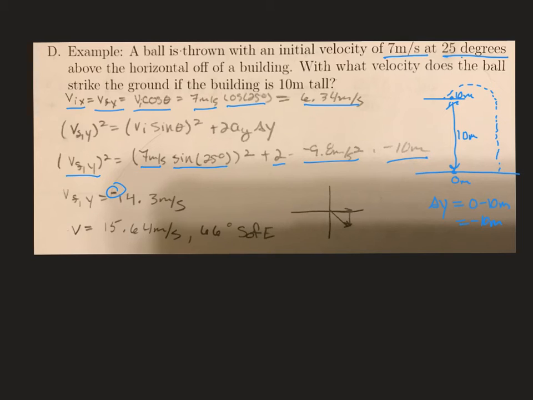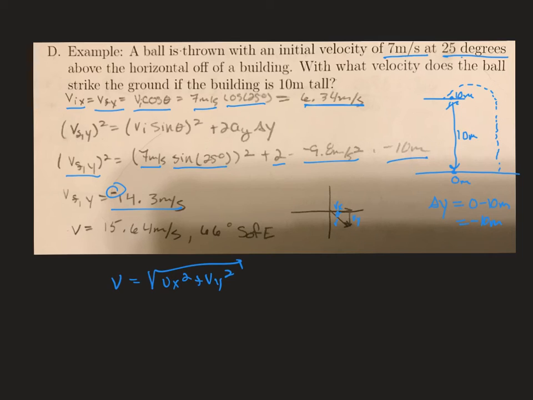Alright, then to get our final answer, we're going to use velocity equals the square root of vx squared plus vy squared. So I'm plugging in my x component and my y component, and that's where I get the 15.64 meters per second. And then to get theta, and I've drawn this over here, this would be vx, vy, and then v and theta.